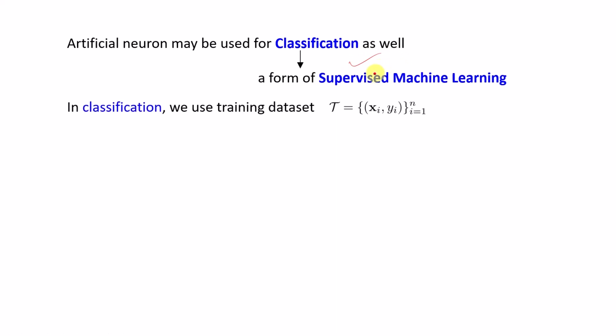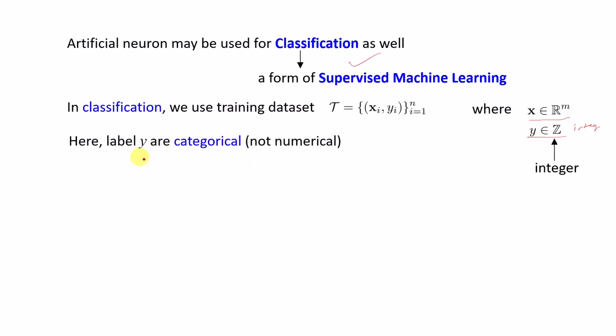In the classification problem, just like regression, we use a training data set T, that is xi, yi, n number of training data. Xi is a vector. The difference with regression here is that xi is still a vector and real, but y is not real. This is an integer.